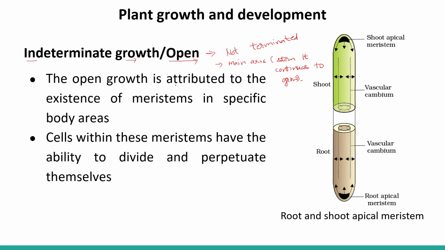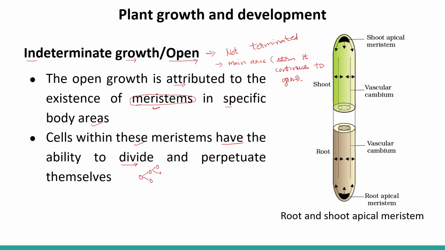The open growth is characterized by the existence of meristem. You have to remember this. Indeterminate growth is because of the presence of meristem in specific regions of the plant. Now, what are these meristems? These meristems contain meristematic cells, and they have the ability to divide. They keep on dividing. If there is one cell, it will form two cells.